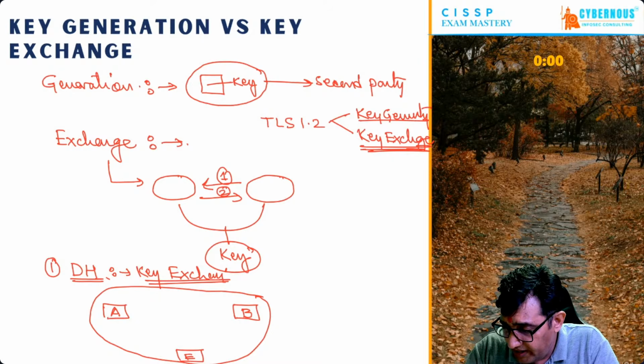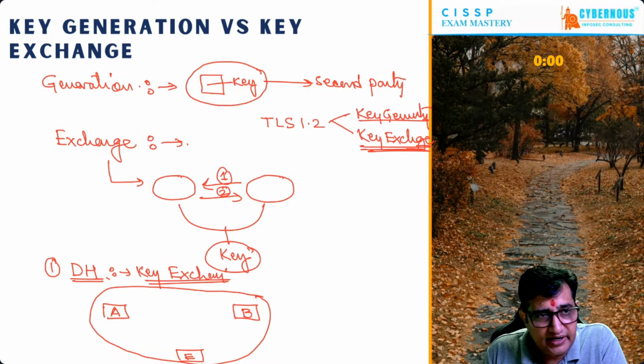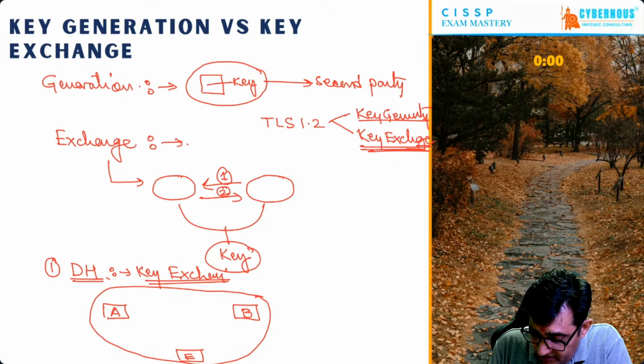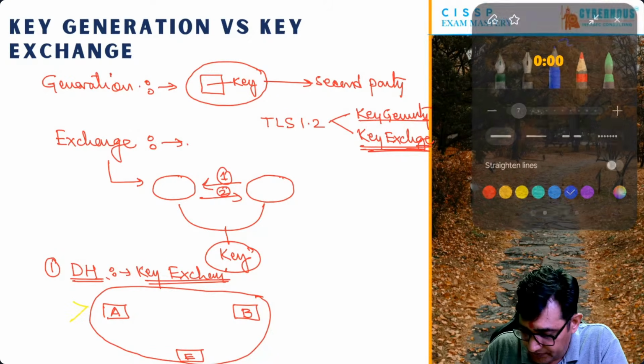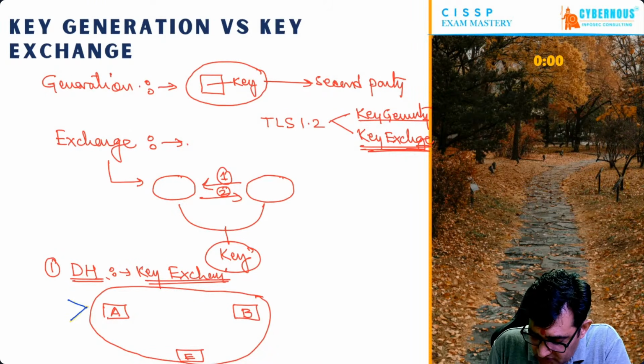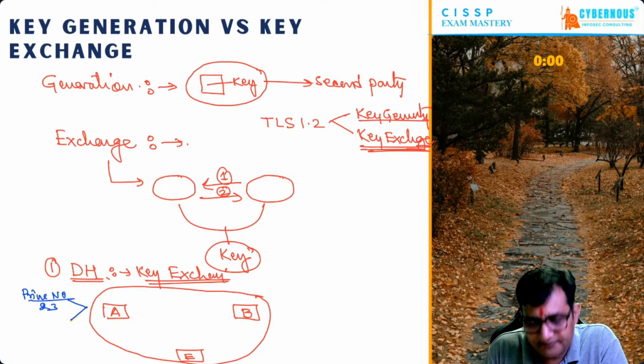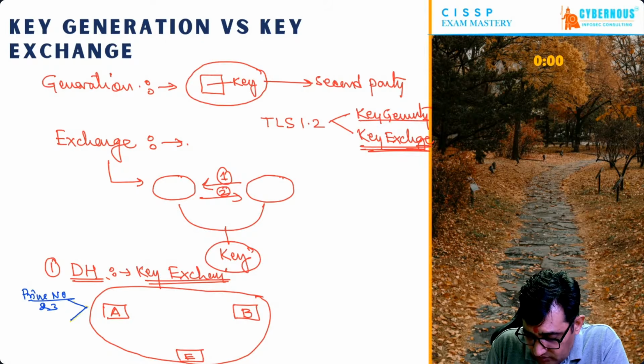So Alice and Bob will agree on some predetermined values. They are first going to search for a big prime number, let's say 23. And they will also find a starting number, let's say 3.